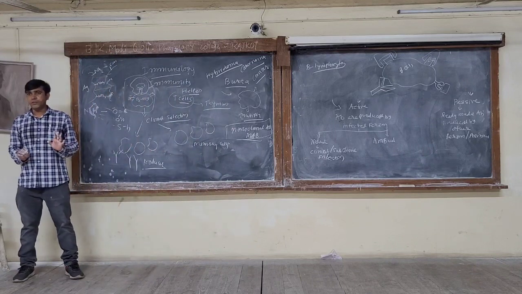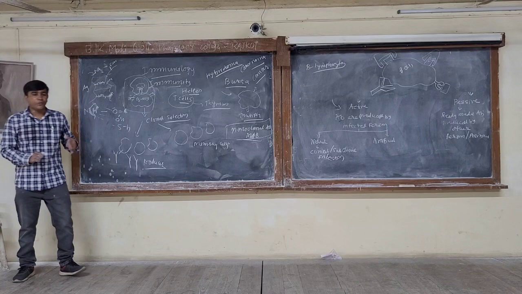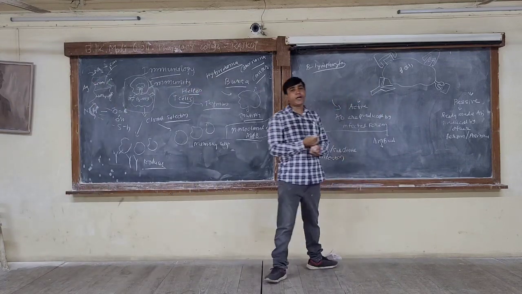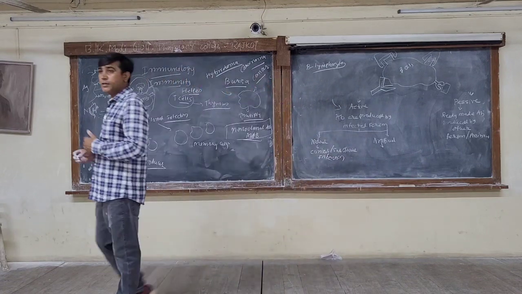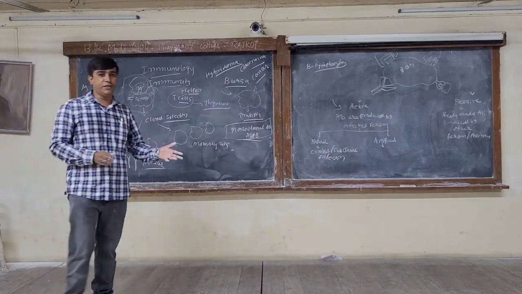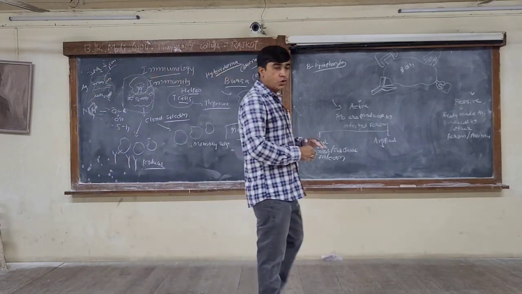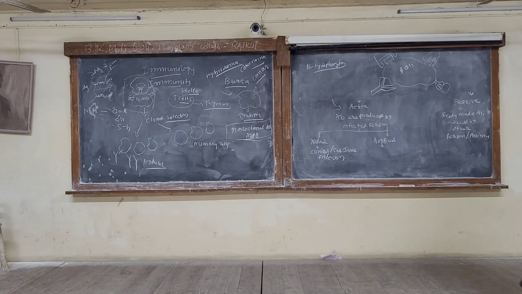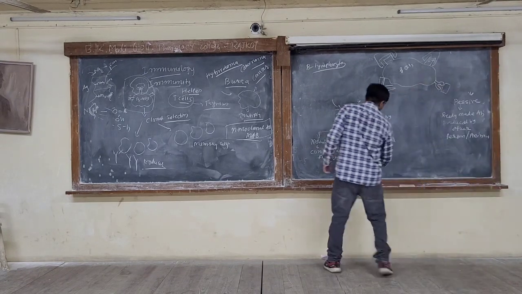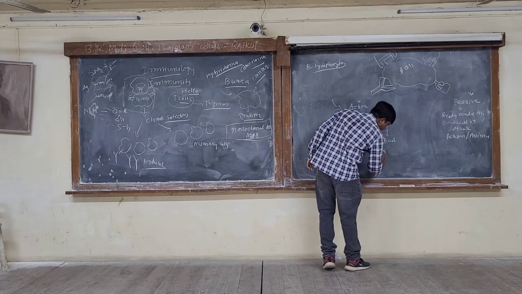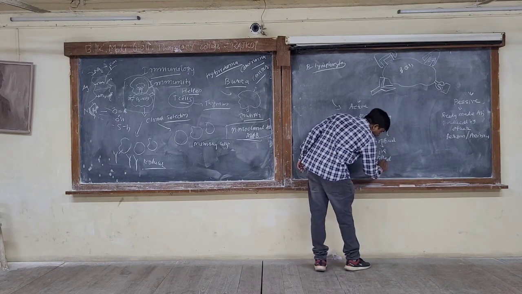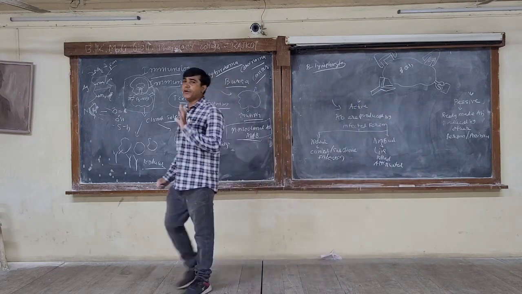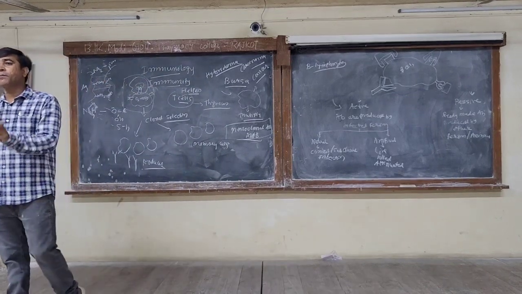Clear? Any question, anyone? Now, the next part, that is artificially acquired active immunity. Here, the antigen enters the body artificially, not naturally. So, we are injecting an antigen which is either live, killed, or attenuated, or we are injecting only a part of the antigen, not the entire antigen.